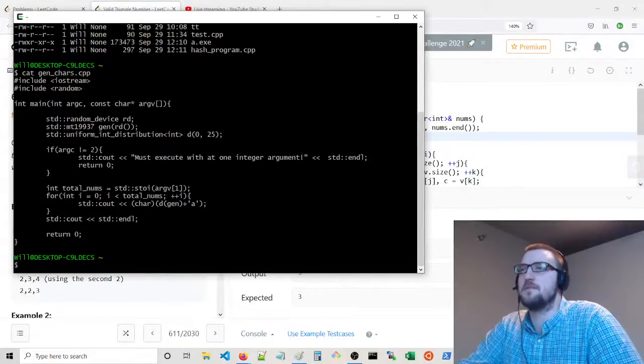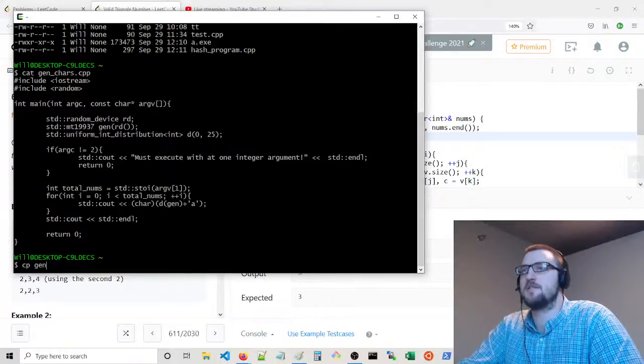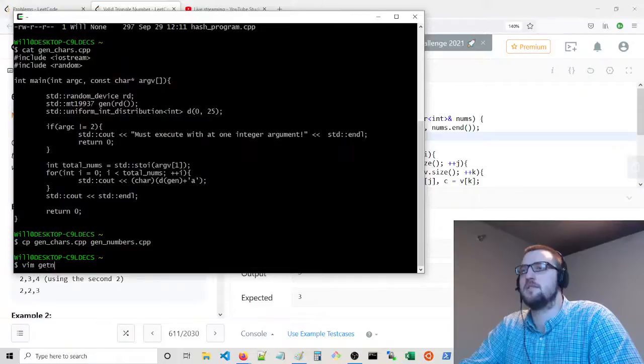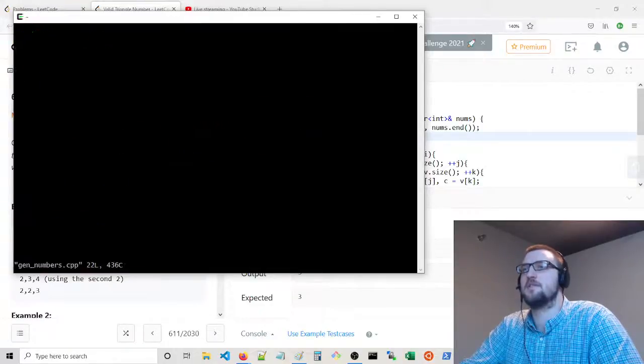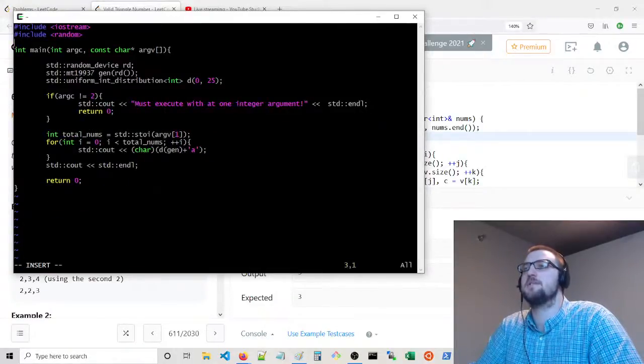Actually, yeah, let's generate random numbers. So let's copy our gen characters program to gen numbers program. And for gen numbers, I just want to prove that cubic time is too slow for this.